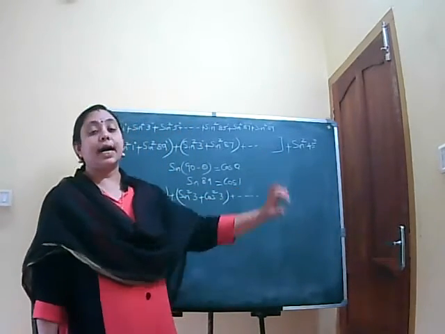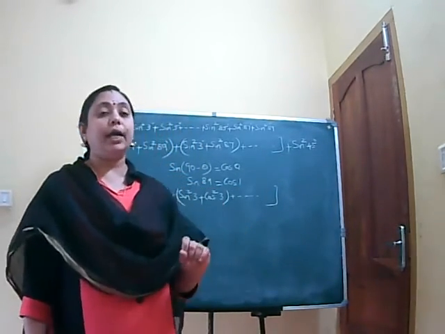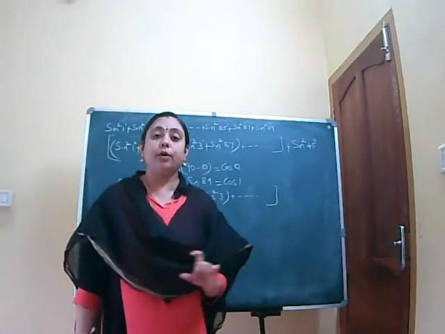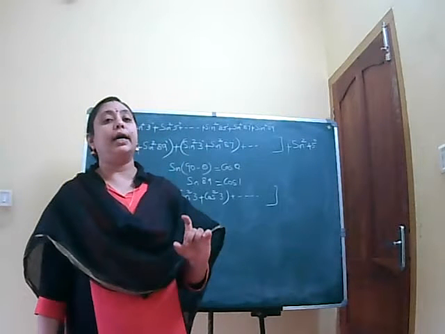We know that sine 45 is 1 by root 2. So sine square 45 is 1 by root 2 the whole square, that is 1 by 2.